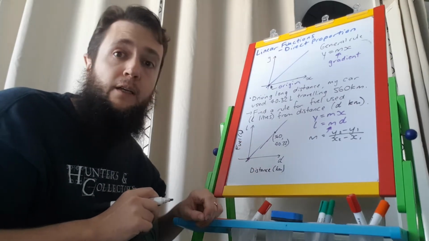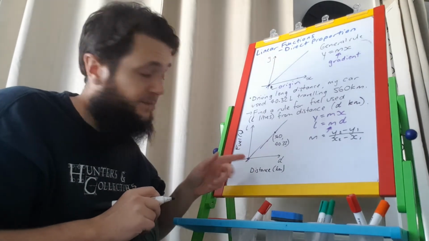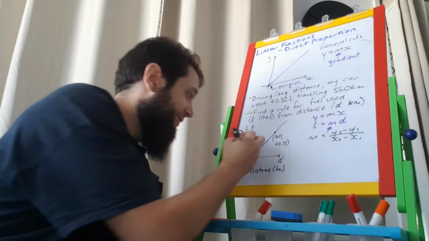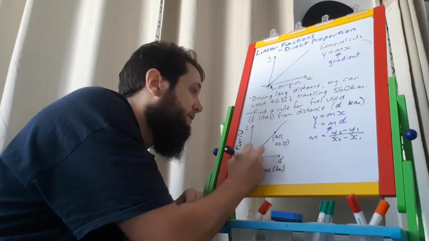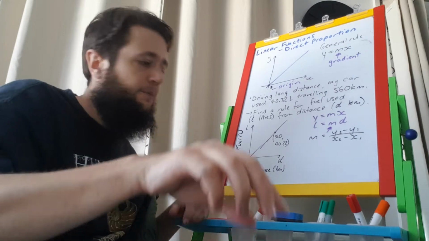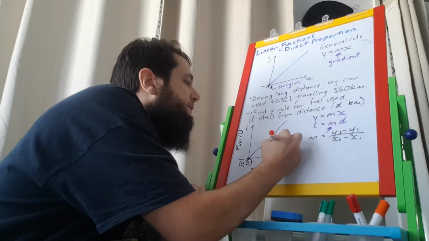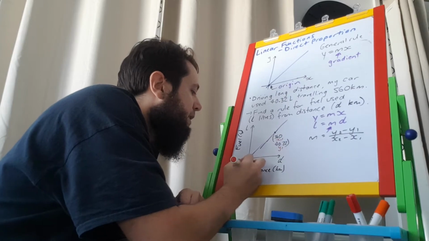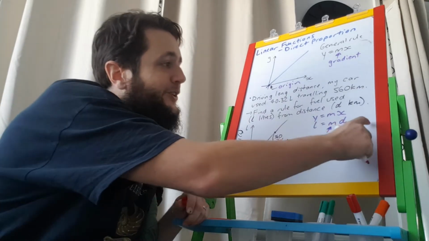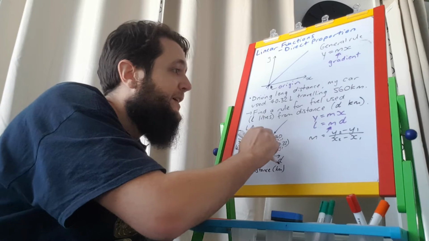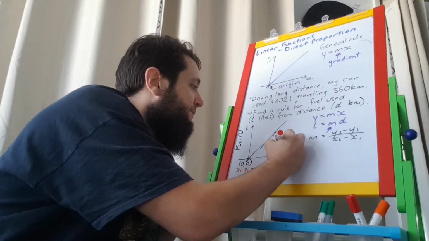We have that one there. What's the other point? 0, 0. Right? We also have 0, 0. So if we put some labels on that, there's x1, y1, x2, y2. I have to admit I've done that partly because I know that, no, I'm actually going to do it the other way around.